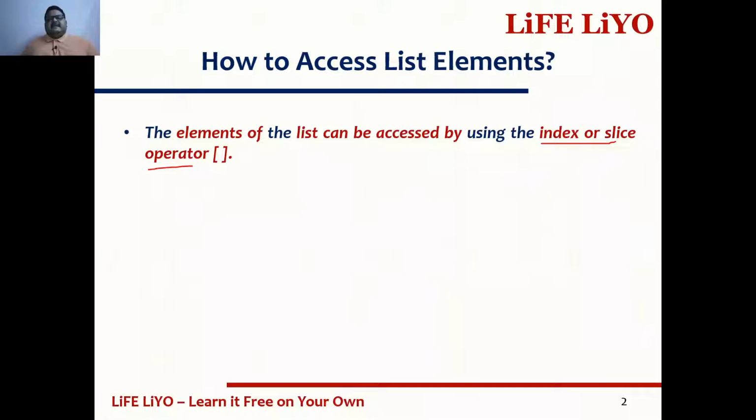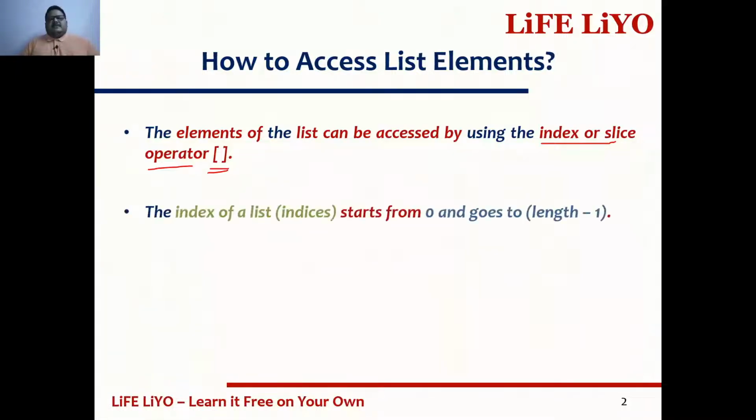What is this index or slice operator? That is nothing but the square braces. Next, what is the syntax? Before learning the syntax, the indices of a list will start from 0 and go up to the length minus 1.